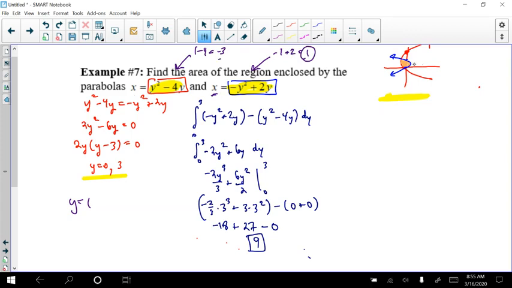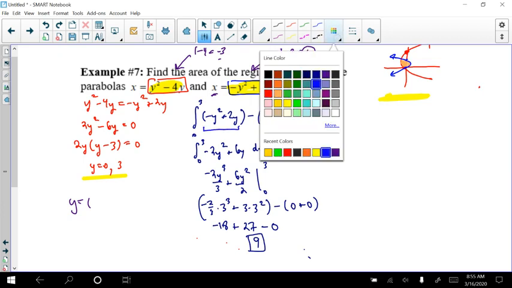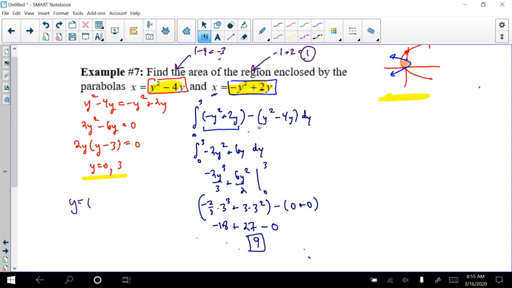So I now know that the blue graph is to the right of the red graph, and that allows me to do right minus left. So I just want to emphasize that that's how I knew that it was the right side minus the left side. Did the antiderivative and got a value of 9.